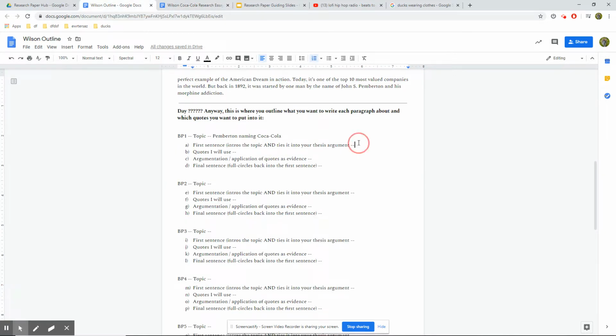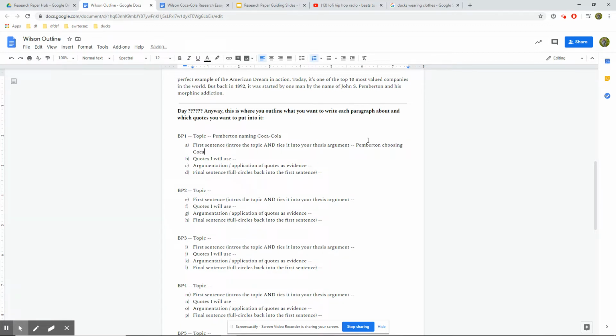So, let's say: Pemberton naming it, choosing Coca-Cola as an iconic American business name, or product name, relates to the American dream through its ubiquitous association with America.